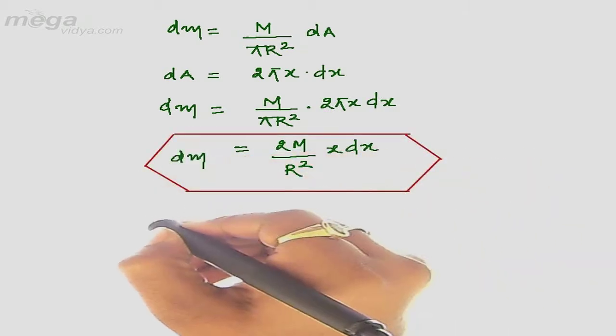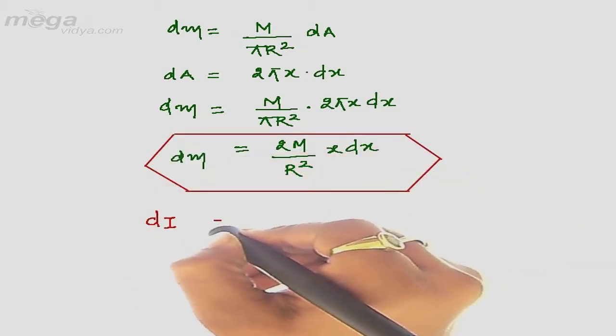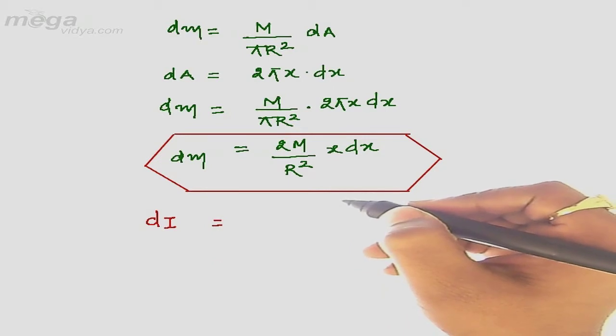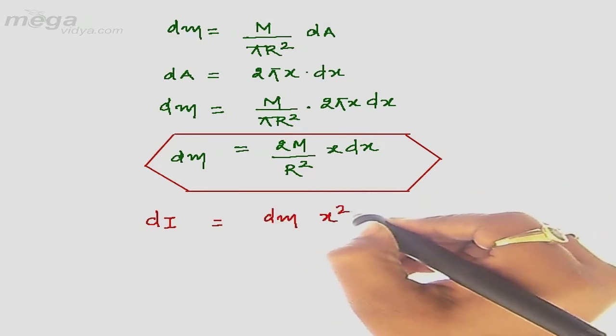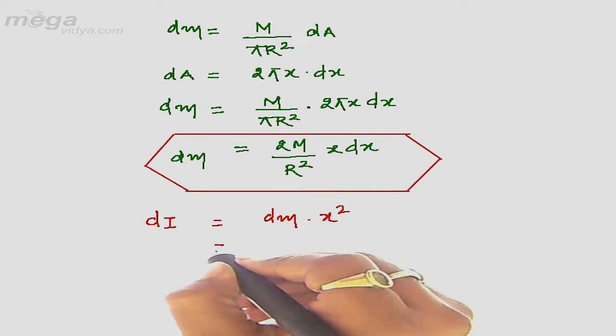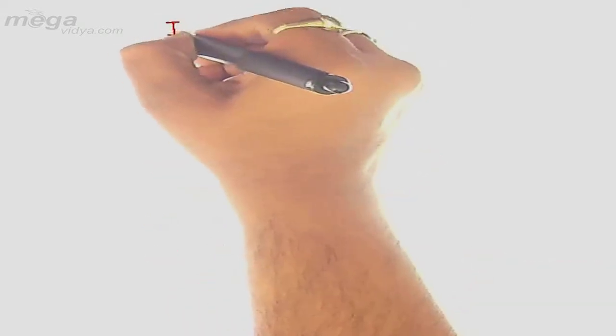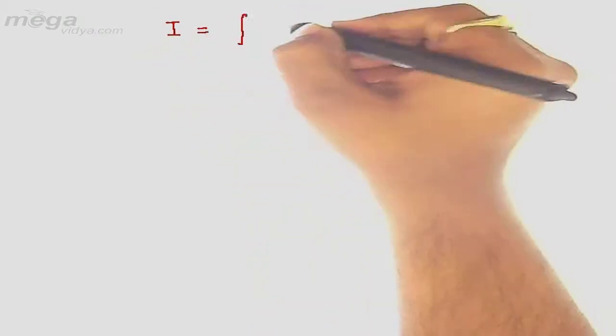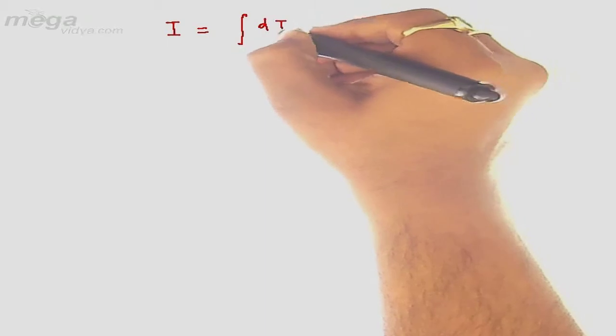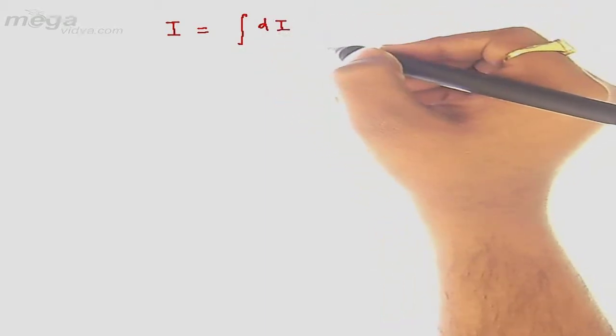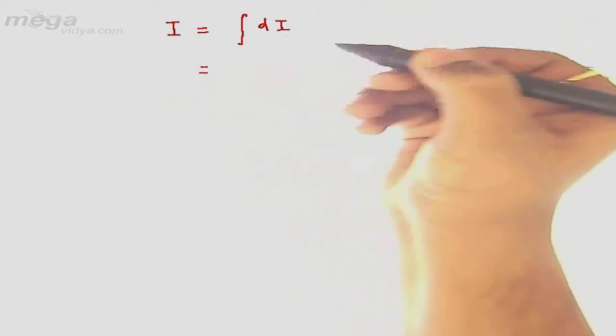Now the moment of inertia of this elementary disk is dm into x square, or it can be written as 2m upon r square multiplied by x cube dx. The total moment of inertia of the disk along the centroidal axis will be the integration of this elementary section along the fixed coordinate.